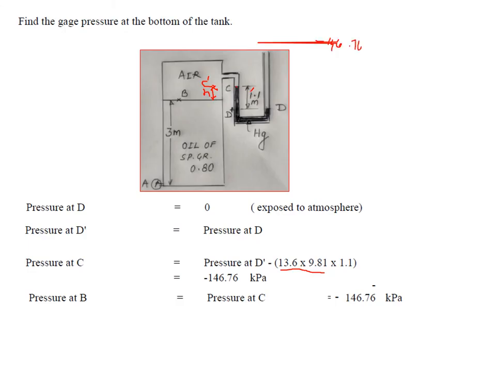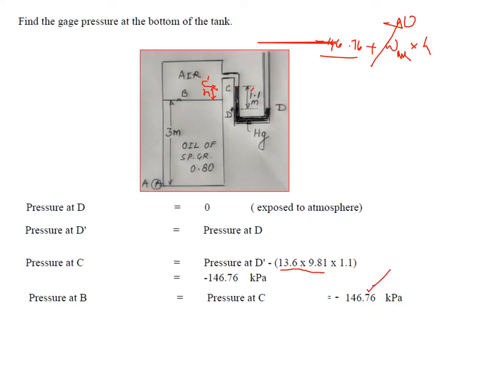As we move downwards, the pressure increases by the specific weight of air multiplied by H. As the specific weight of air is a negligible quantity, the value at C dash, minus 146.76, becomes the pressure at B. So the pressure at B is directly taken equal to the pressure at C, which is minus 146.76.